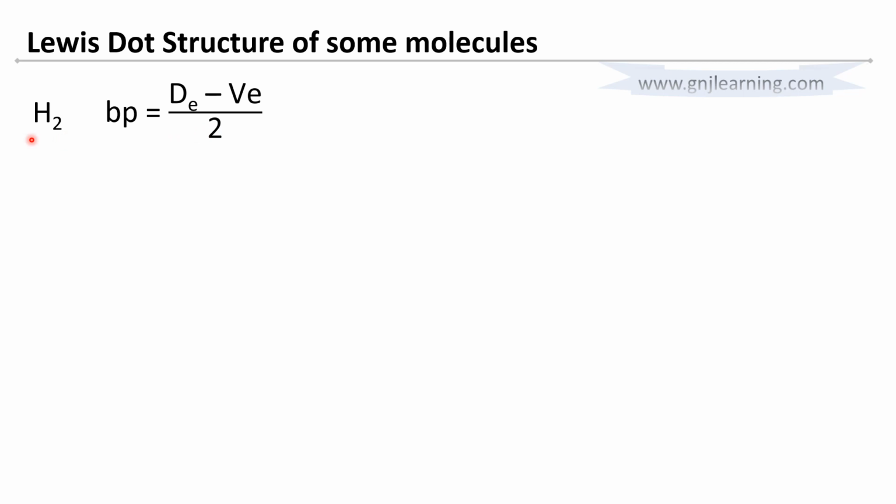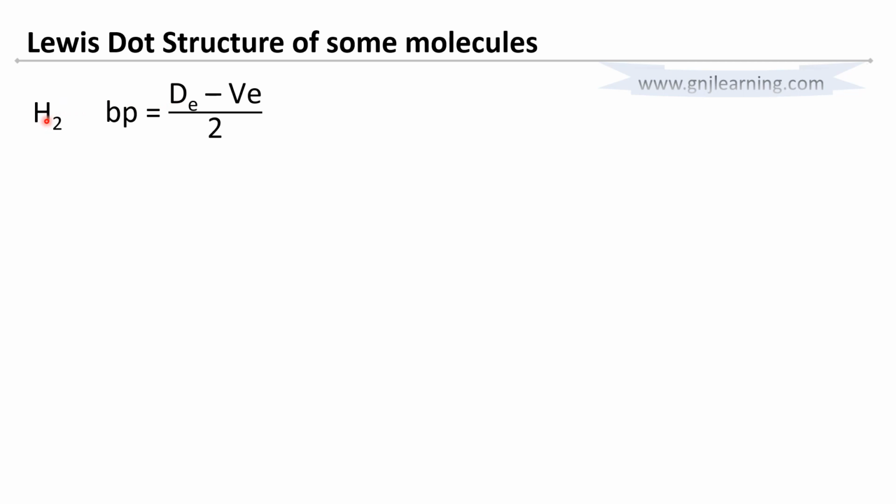Here, you will see that there are 2 hydrogen atoms. Each hydrogen atom needs 2 electrons, and there are 2 hydrogen atoms, so what will be the value of DE? It will be equal to 4. Clear?